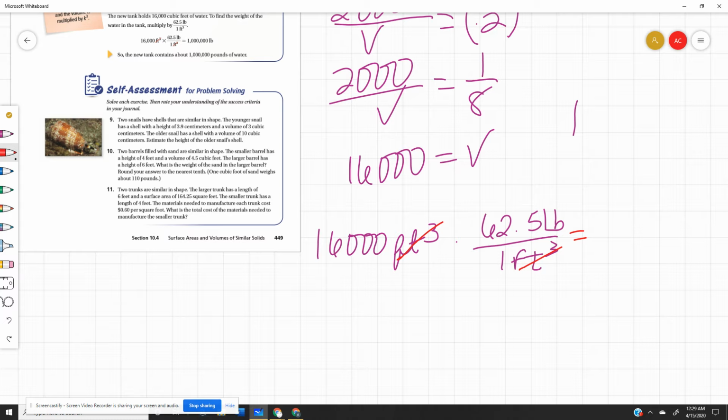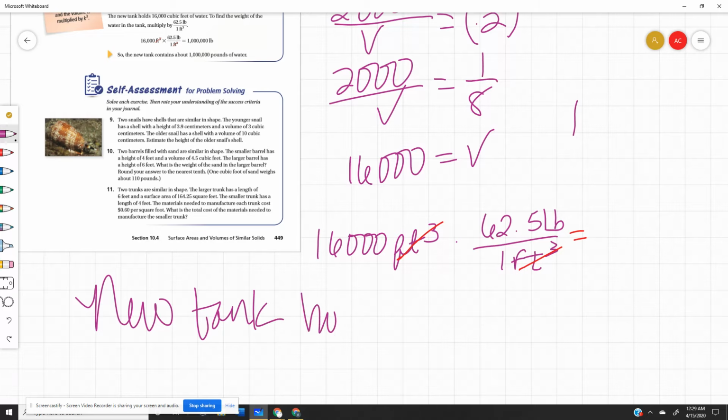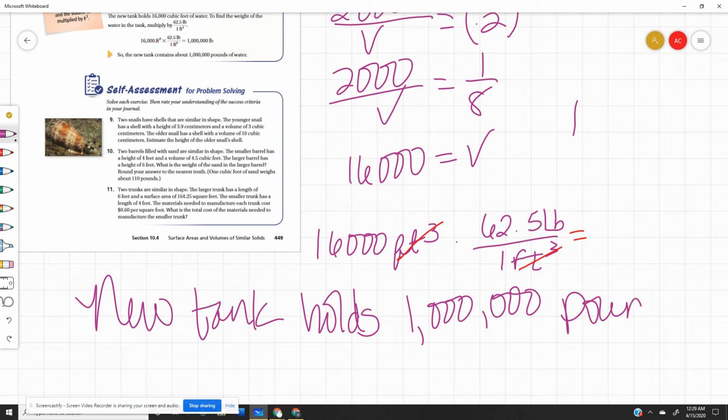So basically, we're doing 16,000 times 62.5, which gives us 1 million. Okay? So the new tank holds 1 million gallons, or no, I'm sorry, not gallons, pounds of water.